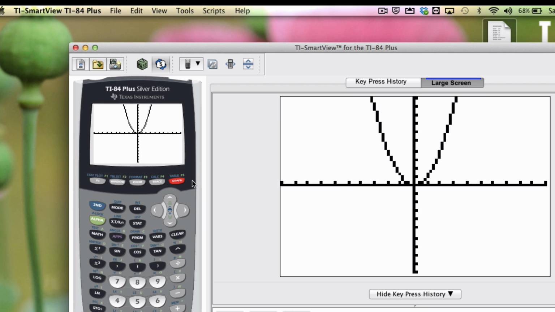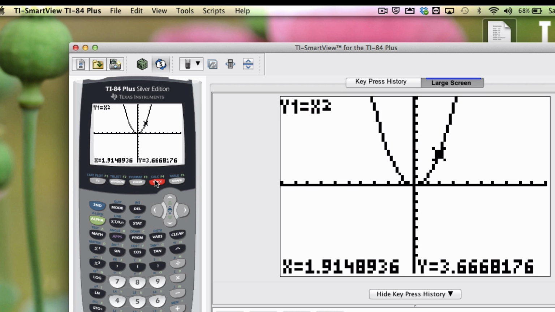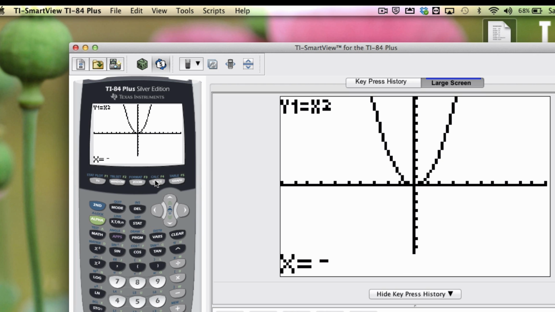So I'm going to press graph. And we were in trace. Okay, so if I press -2, there we go, we would get 4. Okay, so mine's being weird because I'm using the keys on my computer, but the thing I want you guys to learn from this button down here is a negative symbol. This is subtraction.